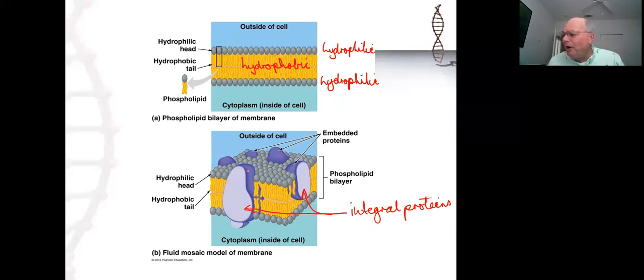But they also have hydrophilic regions that point outwards into the water surrounding the cell or into the water solution that is the cytoplasm. And then on the surface of the membrane, you have a set of proteins that are referred to as peripheral.